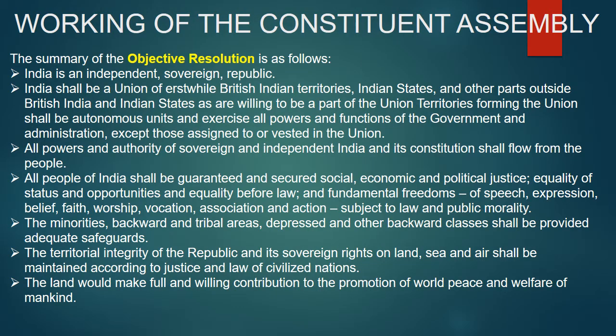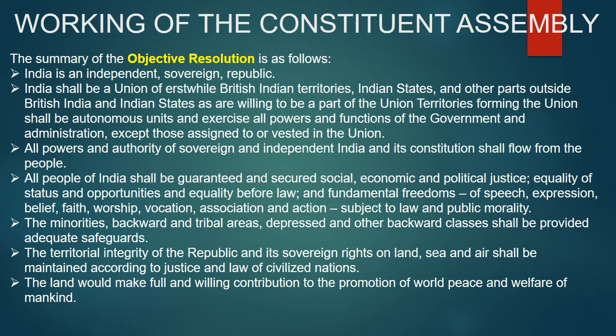The main points of the objective resolution were: India is an independent, sovereign republic. India shall be a union of British India territories of that time, Indian states and other parts outside British India, and Indian states as are willing to be a part of Indian territories forming the union.